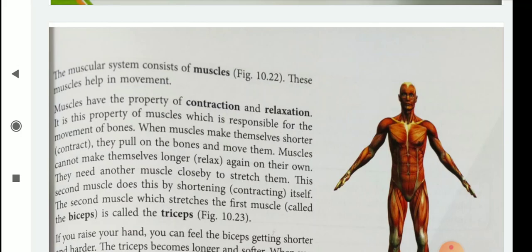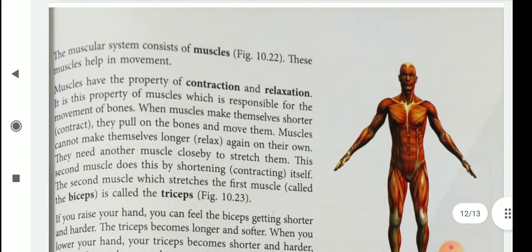When muscles make themselves shorter, that means contract. Shorter means contract and longer means relax. They pull on the bones and move them. Muscles cannot make themselves longer, that is relax, again on their own.